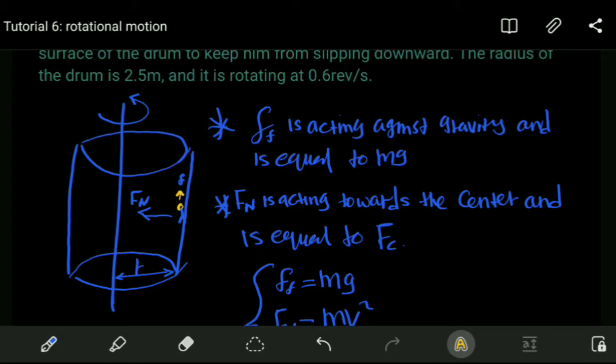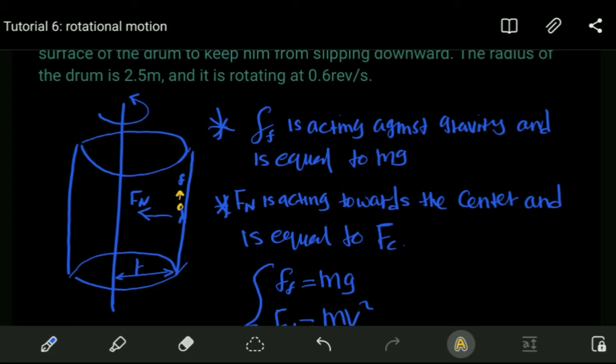Since he is rotating along with the drum, his acceleration is towards the center. So again here we have a centripetal force acting on him. But notice that the surface, which is the drum here, is also exerting a force, which is the normal force, perpendicular to the friction force. So if he is to maintain his circular path, then the normal force acting on him must equal the centripetal force of this path.